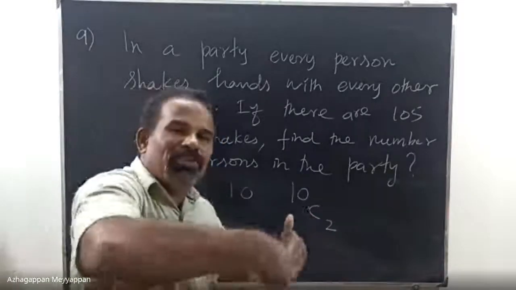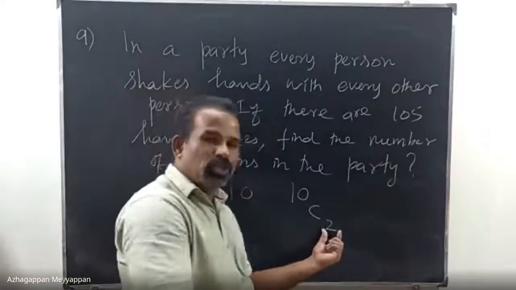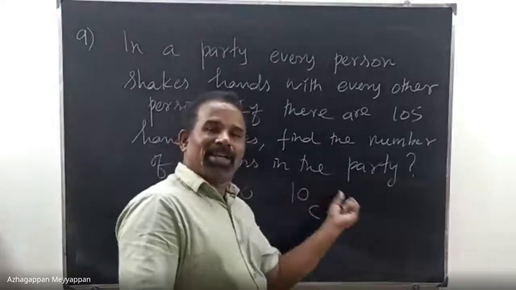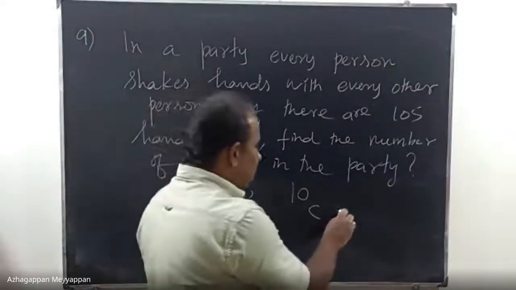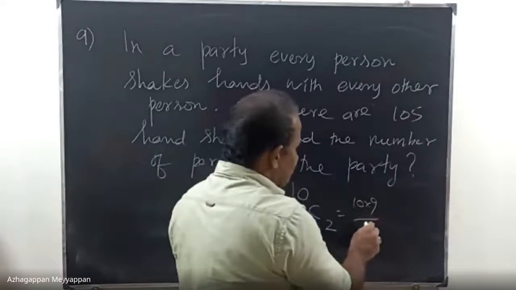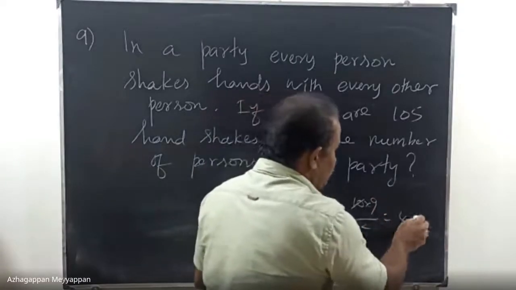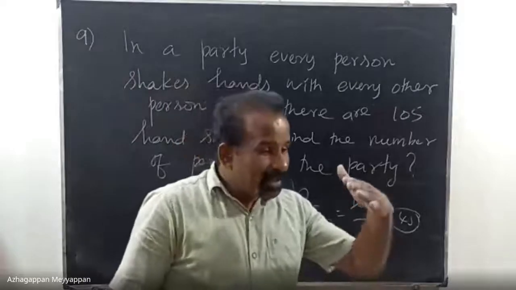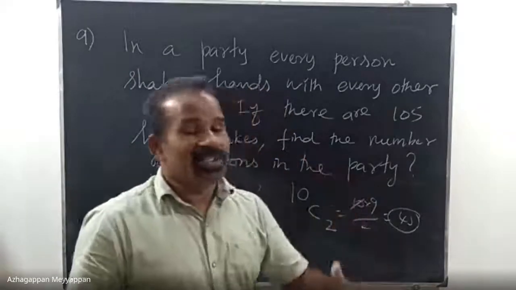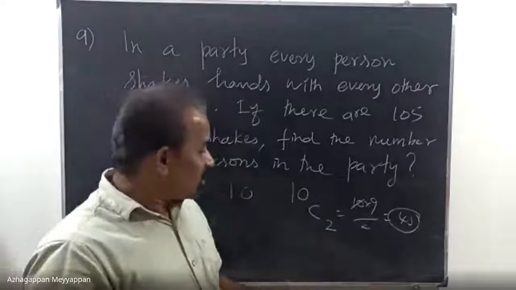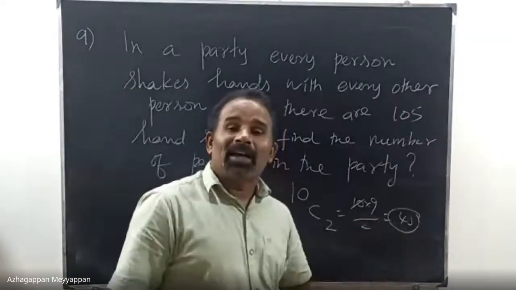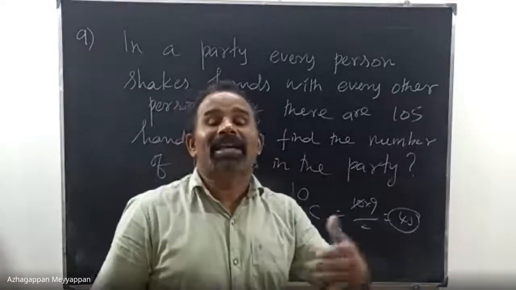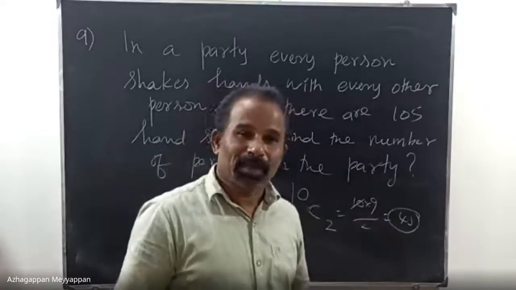So how many possible ways can we select these 2 persons out of 10? This is nothing but 10 into 9 divided by 2, which is 45. So in a party with 10 members, each shaking hands with others, totally 45 handshakes take place.